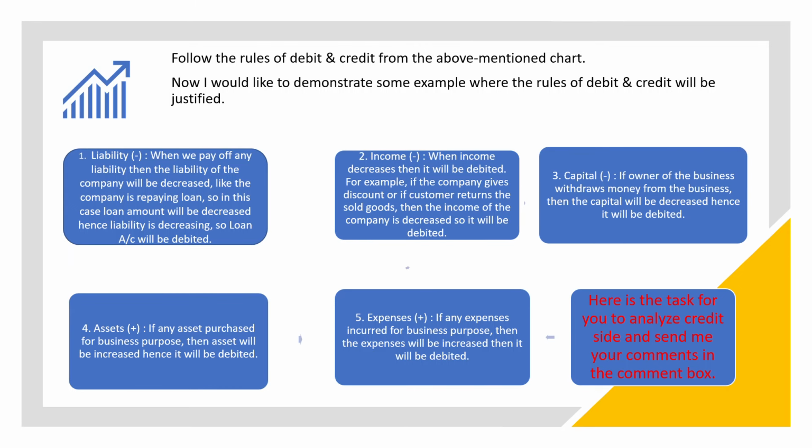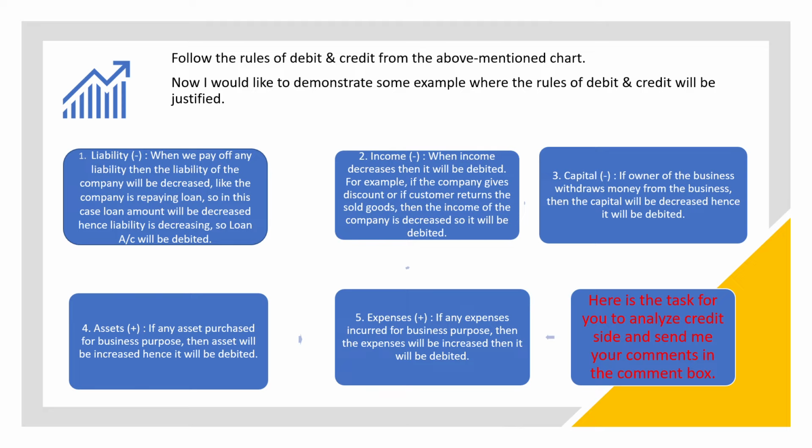Now let's deep dive into some practical examples to understand how these rules work. Imagine your business repays a loan. In this case, the company's liability decreases because it owes less money.